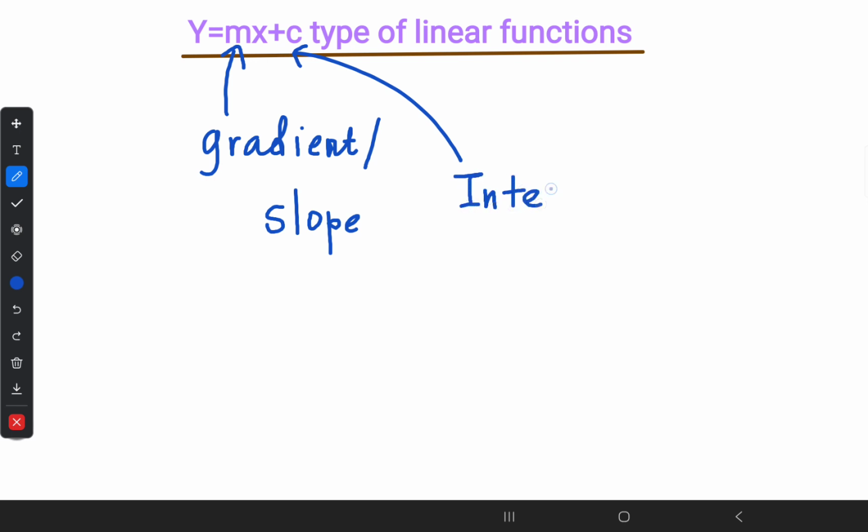Okay, intercept. You have to be familiar with this terminology. Slope, gradient or slope, intercept, and x, I told you, x is not changing with respect to any other factor. So x is called as independent variable.